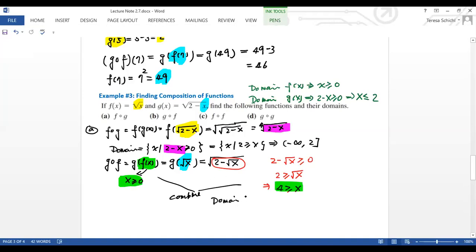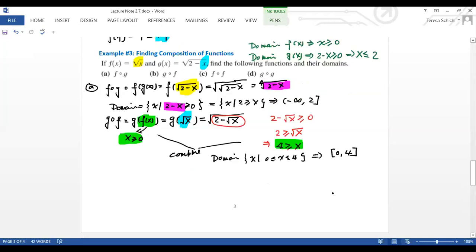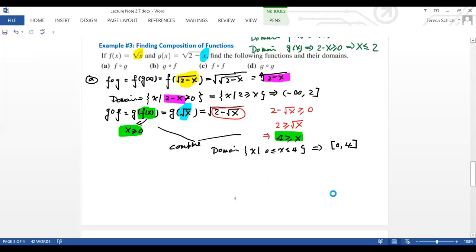So x has to be greater than 0 and less than 4, or you can write the interval (0, 4) as my domain here. It's very interesting. Now let's take a look at the next one.